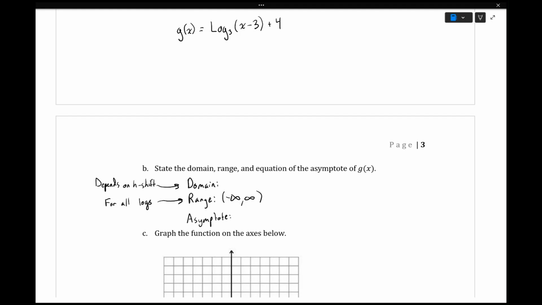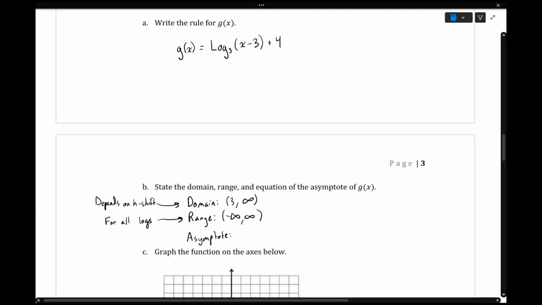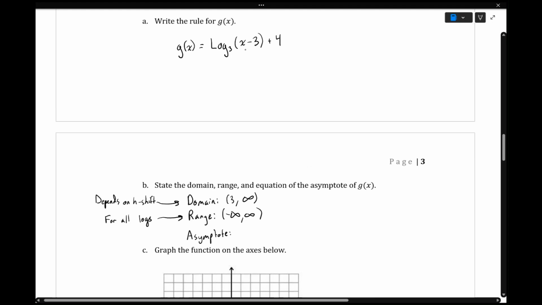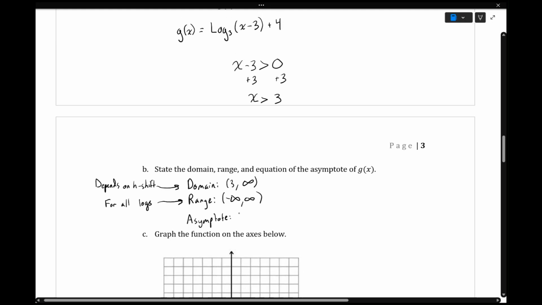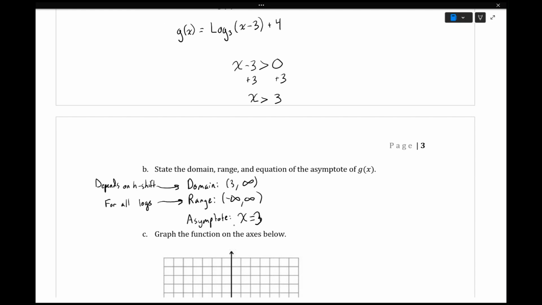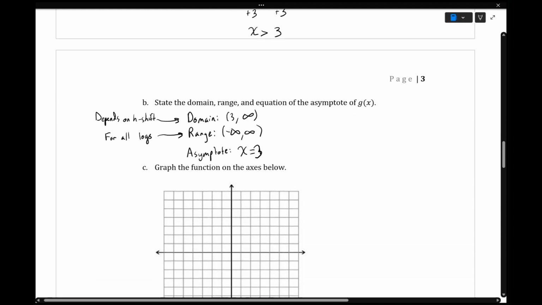I was shifted 3 to the right, so my domain is 3 to infinity. Another way I can check that is the inside of a logarithm must always be positive, so I can always solve the inequality x minus 3 is greater than 0 just to double check. And I add 3 to both sides, I get x is greater than 3, and everything's hunky-dory. Now that means our asymptote must be at x equals 3. And notice it's a vertical asymptote, whereas for the exponential it was horizontal because it's the inverse.